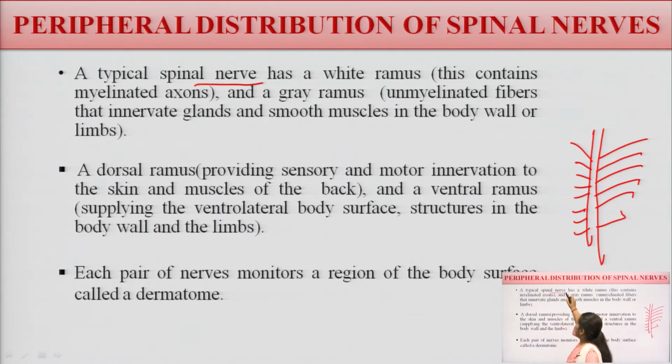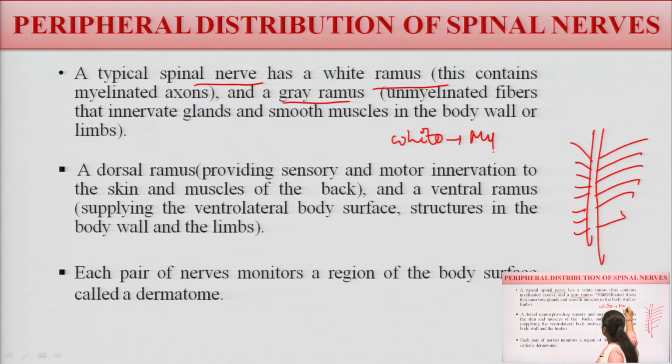a typical spinal nerve has a white ramus that contains the myelinated axons, and the grey ramus which contains the unmyelinated axons. So whenever there is white matter present in the axon or in the neuron, it means it's myelinated.